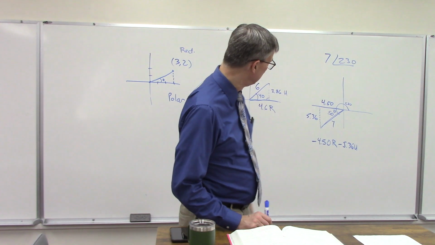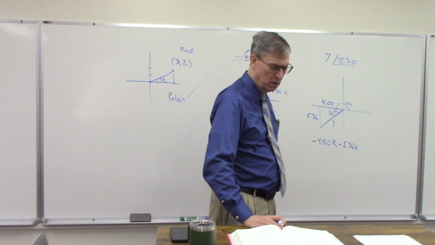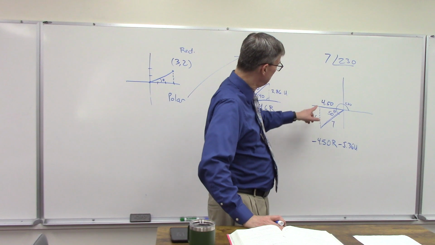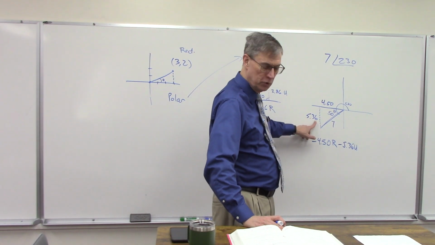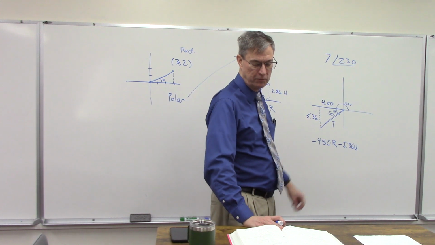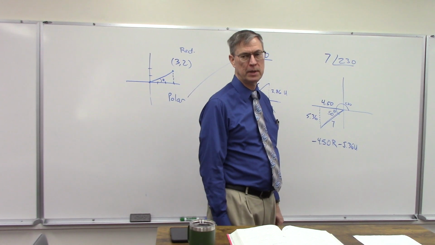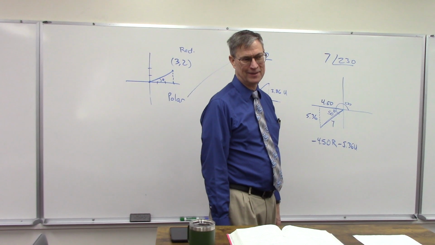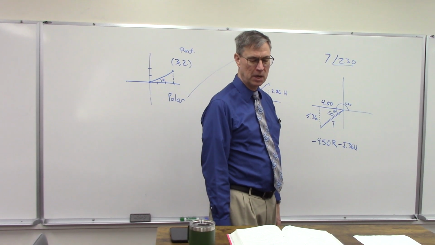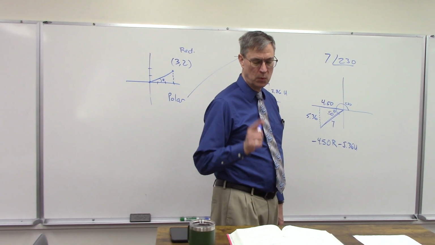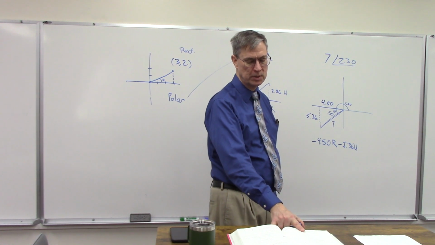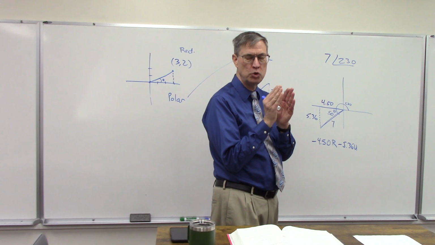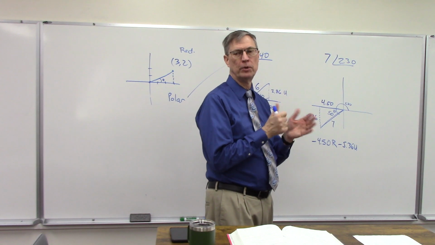Now, let's talk about this. They got 4.48 and you guys got 4.5. You guys got 5.36, they got 5.39. Do you know why that is? Because, and you see in the step above, they took the sine and the cosine of 50 and they rounded it to 2 decimal places before they multiplied.